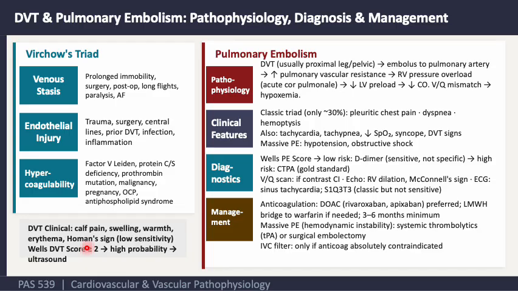It can be indicated by pain in the calf or behind the knee when the foot is passively dorsiflexed, or flexed towards the shin. Again, it has a low sensitivity. What people normally use is the Wells DVT score, and if it's greater than 2, it's a high probability, which should prompt you as the clinician to order an ultrasound for further evaluation.